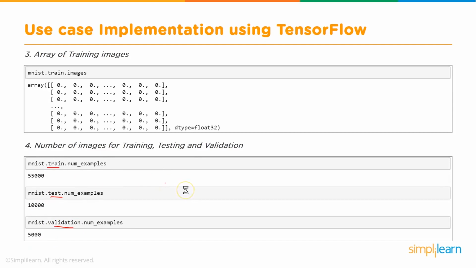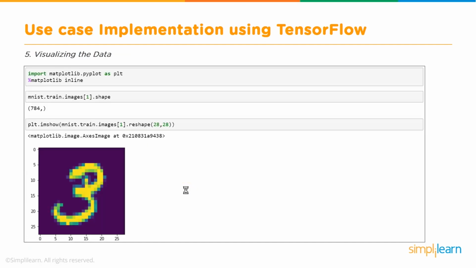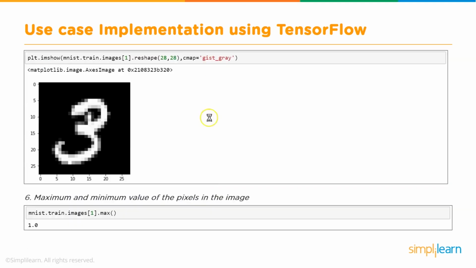All right, so let's move on, and we can view the actual image by using the matplotlib library. This is the code for viewing the images, and you can view them in color or in grayscale.